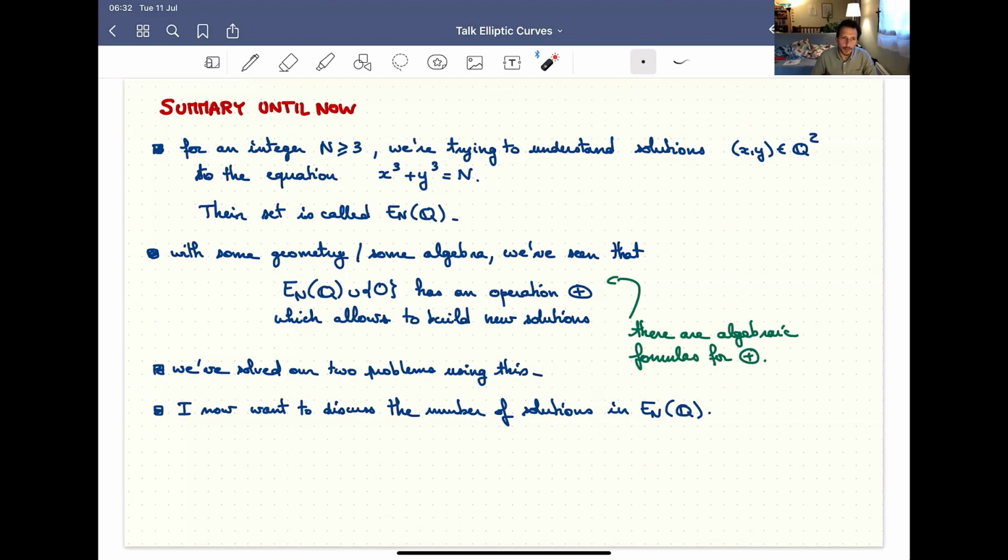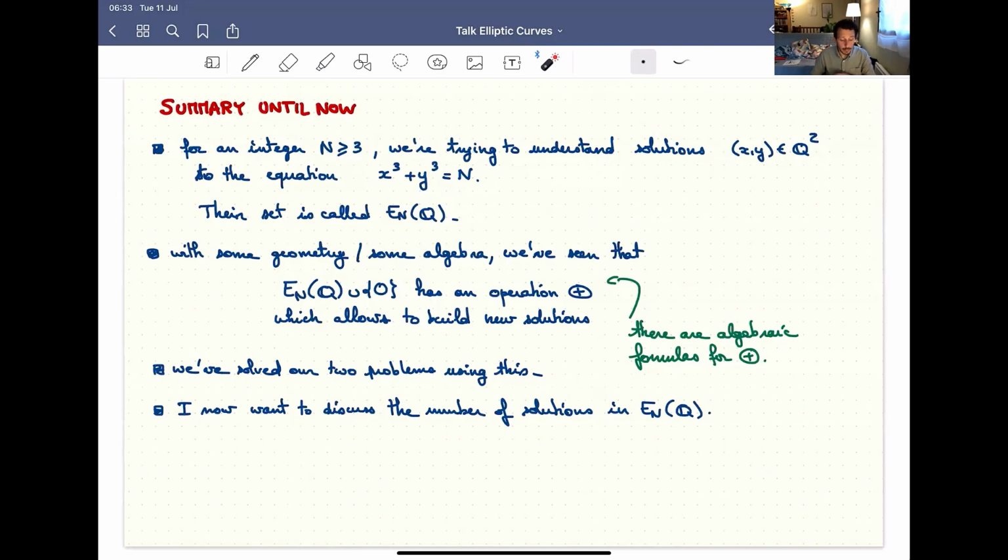And this operation is described in terms of algebraic formulas, which we can plug into a computer and try to find new points explicitly with actual coordinates, as we've just seen on the previous slides. And this is how we solved our two problems.